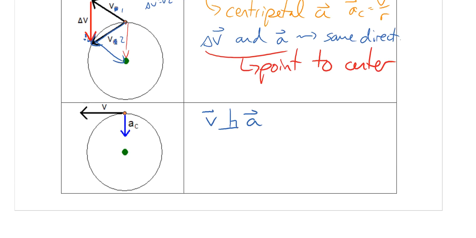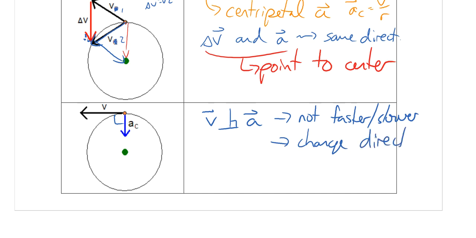And since the two are perpendicular to each other, this is why you're not going faster, you're not going slower. It's because they're perpendicular to each other. This is a right angle. Since they're perpendicular, the acceleration can't make it go faster, it can't make it go slower. All it does is change the actual direction.